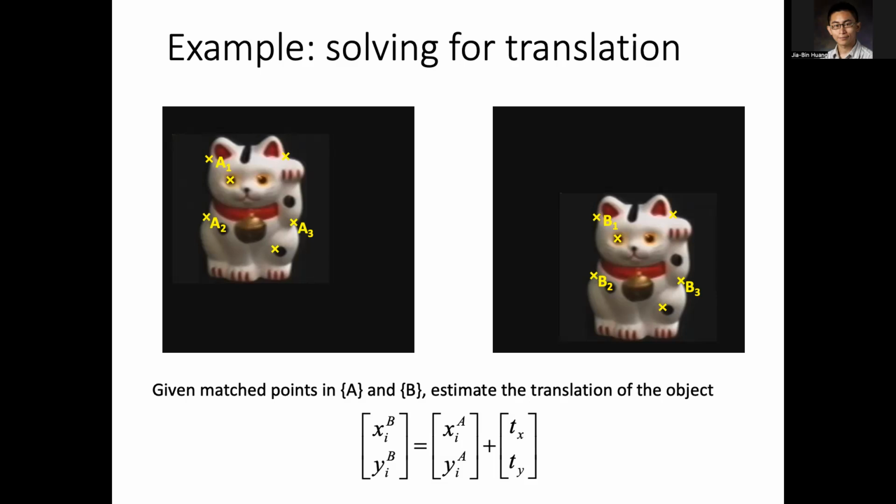Anyone? We just talked about this, right? Yeah, least squares, we can just solve for it.